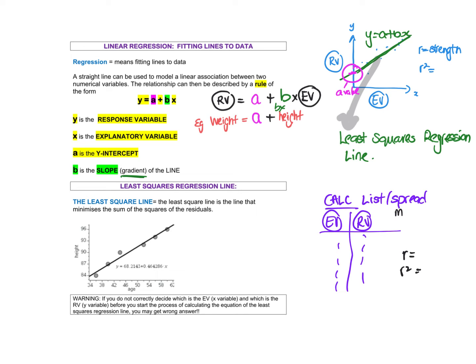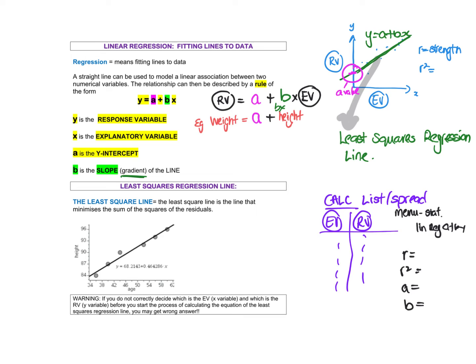Remember we pressed menu, statistics, stat calculations, and we end up going to the linreg function, the A plus bx. You'll also see A is listed and B is listed. So we're going to find those values there, and then we can write out the equation of the line for our scenarios.